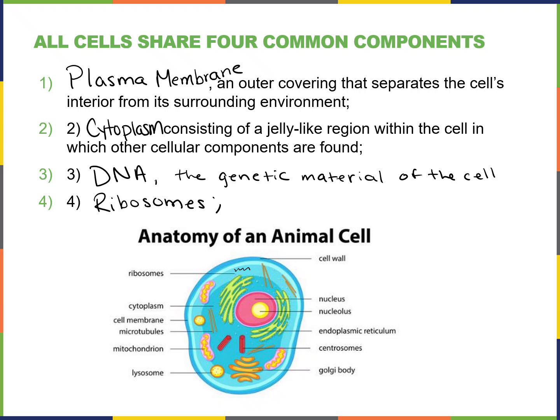Ribosomes are the organelle that synthesize proteins. Remember, this is my little shorthand for protein, because I don't want to write out the whole word. Okay? So all cells, prokaryotic or eukaryotic, will have these 4 things: a plasma membrane to keep the outside in, a cytoplasm to hold all the inner stuff, DNA to give instructions, and ribosomes to make proteins.